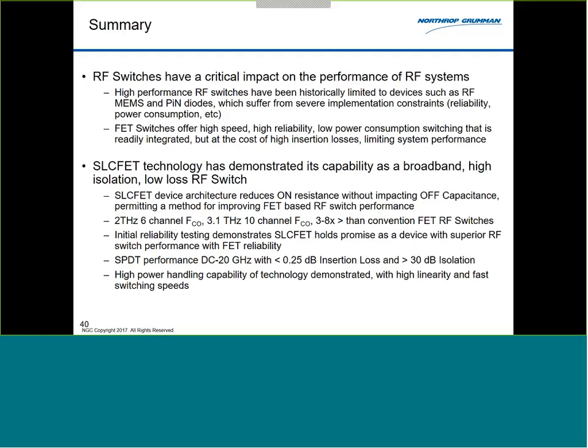Other ones might switch on a second, hour, or day kind of time scale, like really slow switching. So it really is system and application specific. I'd say millisecond is probably the most common, but in all cases, relatively slow switching in terms of the frequency of the switching.